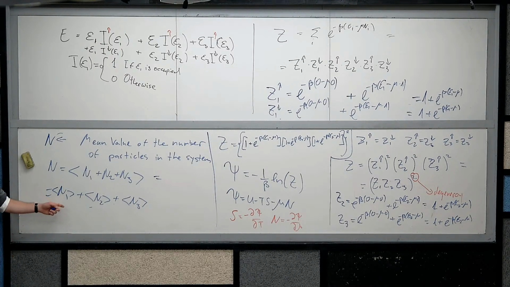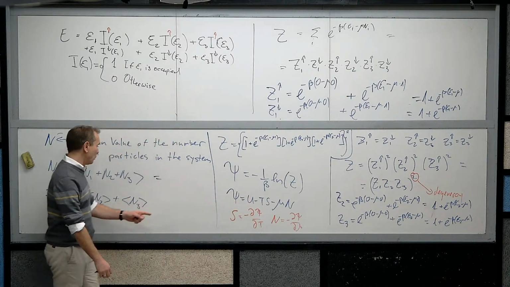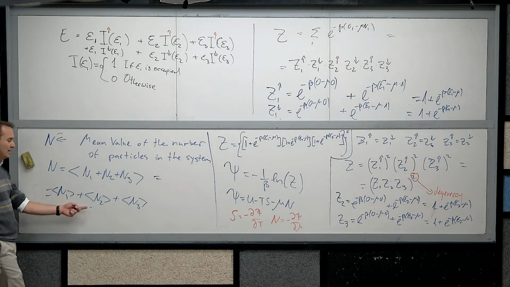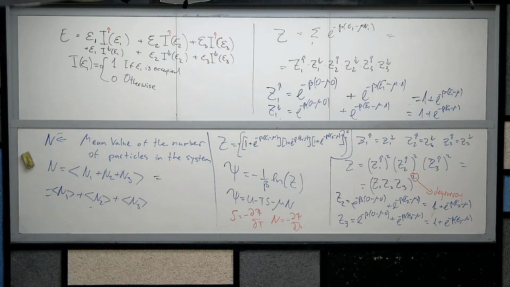Now, how do we compute this? I don't want to go to this derivative. I want to compute separately n1 and n2 and n3. And actually, it's a little bit more than that. Why? Because I have a degeneracy.